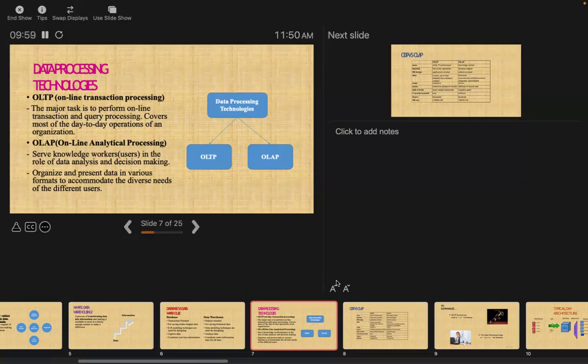Now, in case of OLTP, the major task is to perform online transaction and query processing.